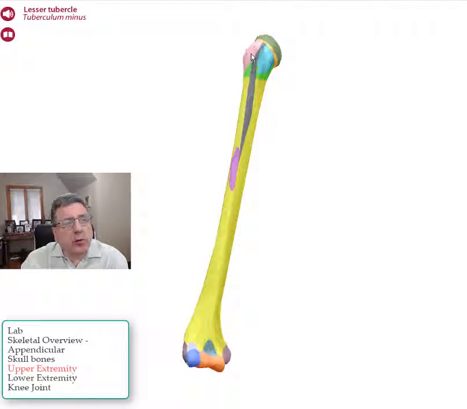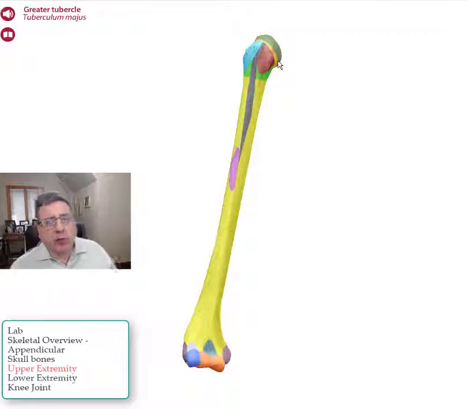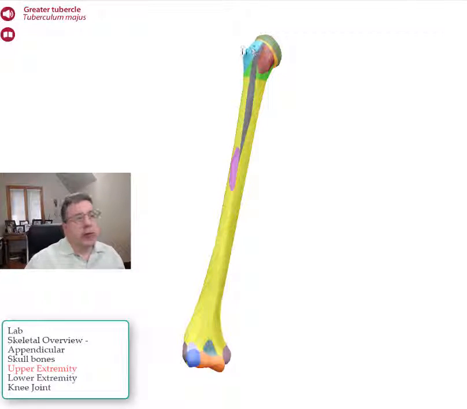Now the greater tubercle, this one is the larger of the two, and it provides an attachment site for the supraspinatus, infraspinatus, and teres minor muscles, okay? So we have three different muscles attached to this, and therefore it's going to be a little bit larger and a little bit beefier in size.